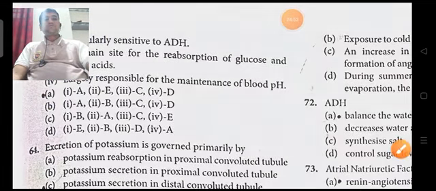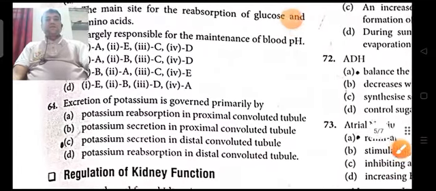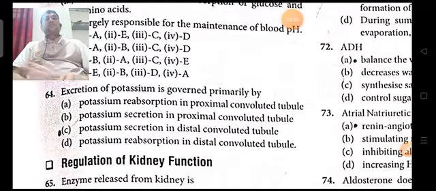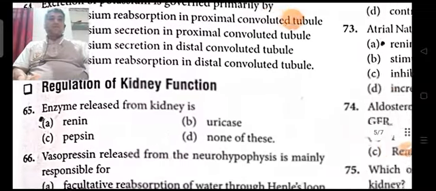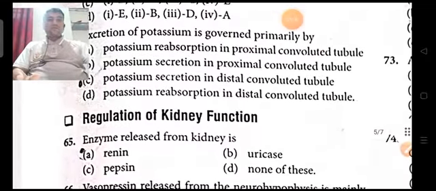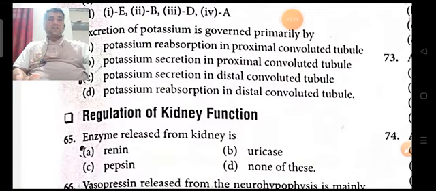Next, excretion of potassium is governed primarily by: potassium reabsorption in proximal convoluted tubule, potassium secretion in proximal convoluted tubule, potassium secretion in distal convoluted tubule, potassium reabsorption in distal convoluted tubule.